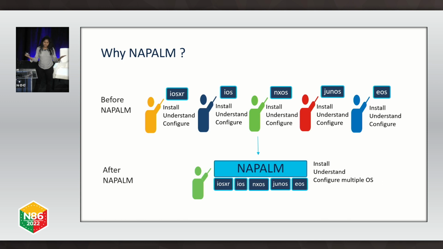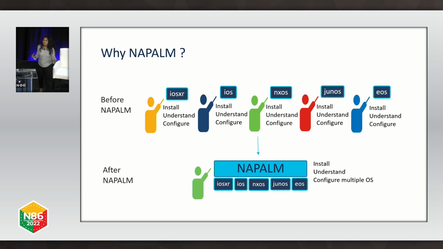When there is no Napalm, you have to assign a different network engineer for different platforms, and these network engineers are going to explore the available automation tools. There are automation tools for the respective operating systems. So you have to explore it, understand how it is working, then write code, and then use that code to automate the configuration on all the specific platforms.